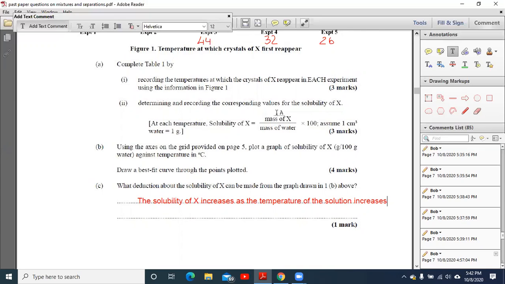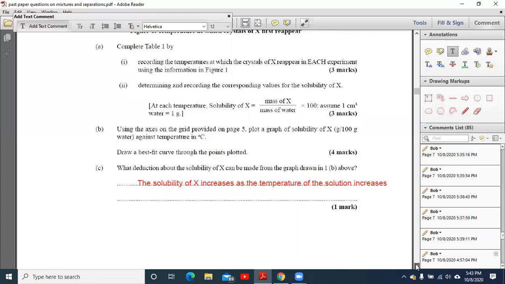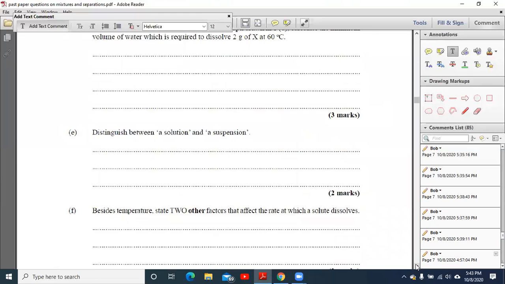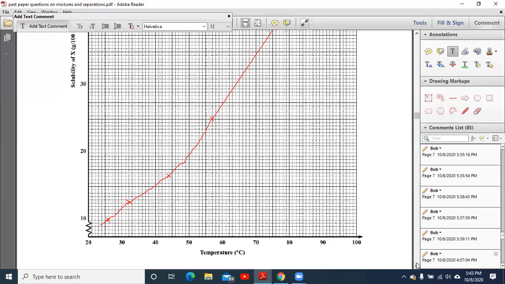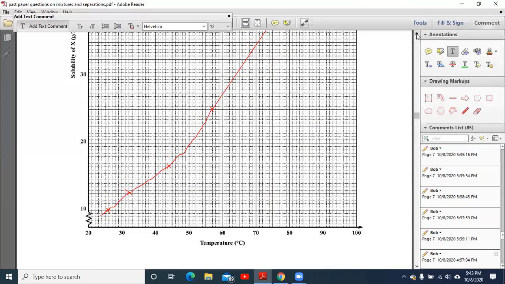And we can plug in the mass that they gave us of X, which is 2 grams, and rearrange the equation using simple math to make the mass of the water the subject of the formula. So let's go to our graph to get our solubility at 60 degrees Celsius, because that is what the question asks for.